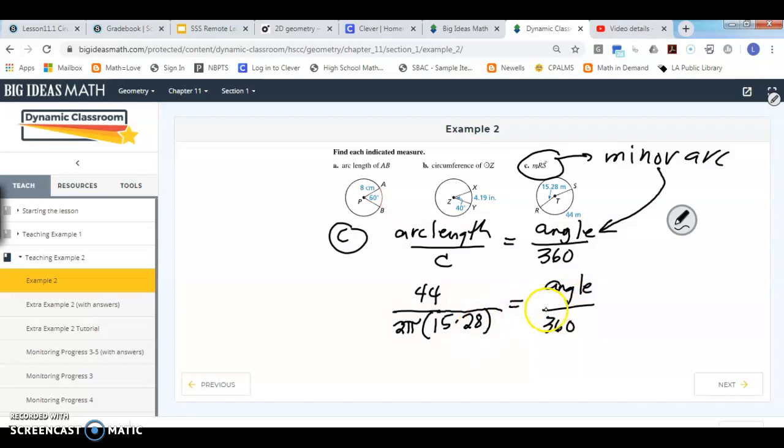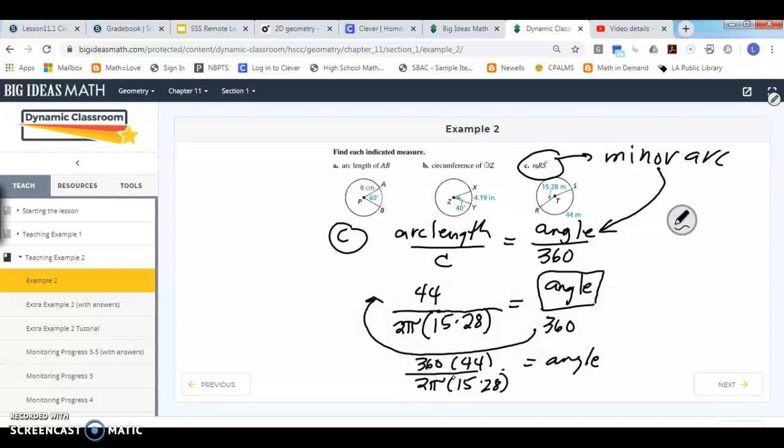So to get the angle by itself, just multiply the 360 to the other side. So you will get angle is equal to 360 times 44 over 2 pi times 15.28. So let me do that calculation and let's see what we get. So it's 360 times 44.